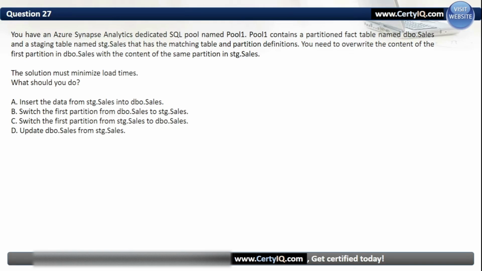Our options are A. Insert the data from stg.sales into dbo.sales. B. Switch the first partition from dbo.sales to stg.sales. C. Switch the first partition from stg.sales to dbo.sales. Or D. Update dbo.sales from stg.sales. The correct answer is C. Switch the first partition from stg.sales to dbo.sales.